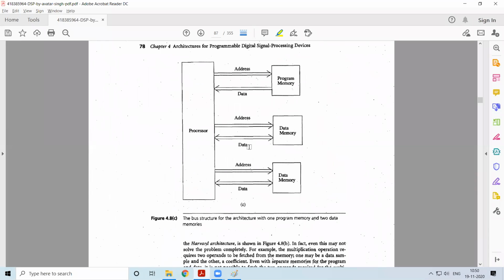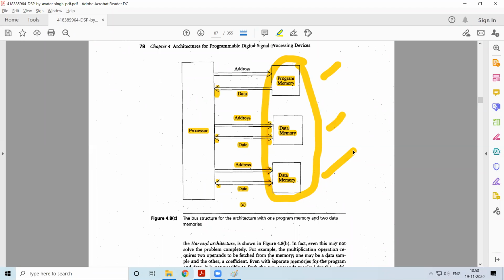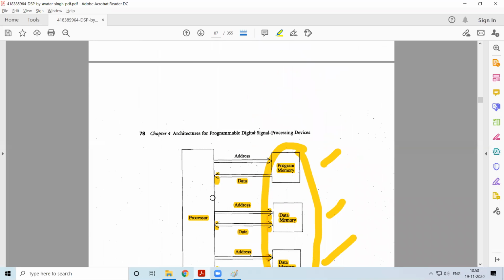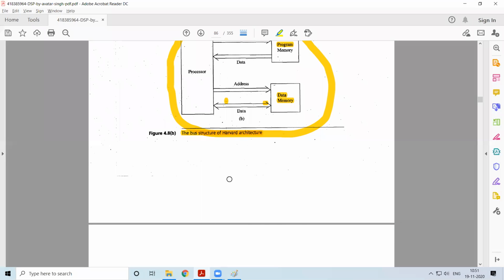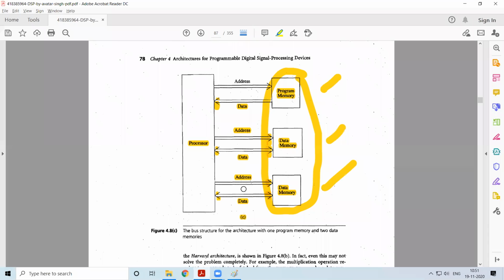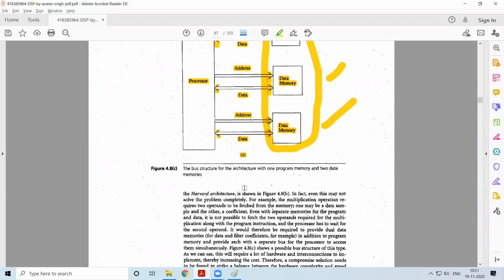If you want to improve it further, you can provide one memory for program, one memory for data and another memory for data. Since two operands are required, fetch them in one go and then perform the operation. This still improves the speed with which the DSP processor implements the operation.